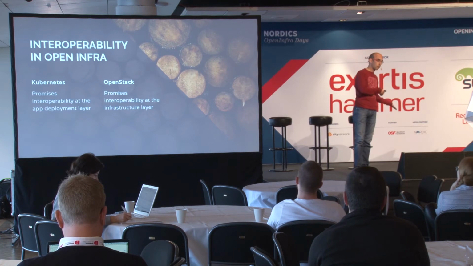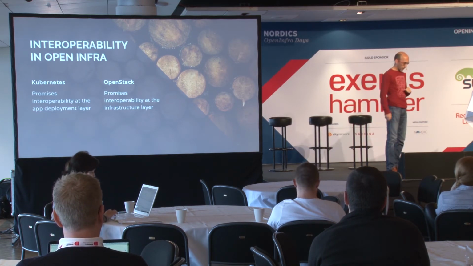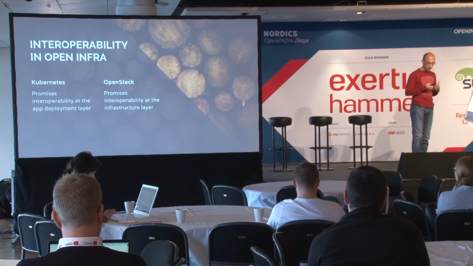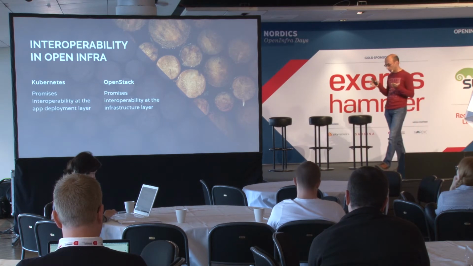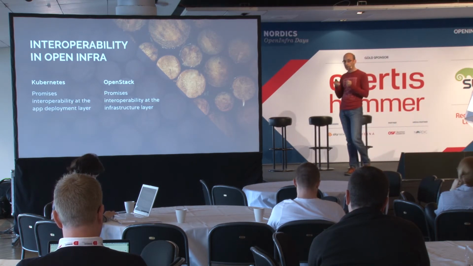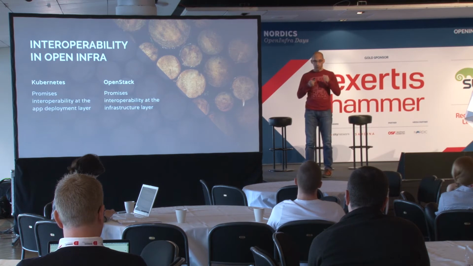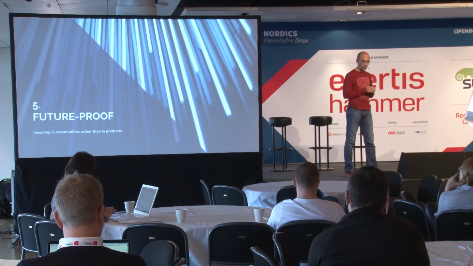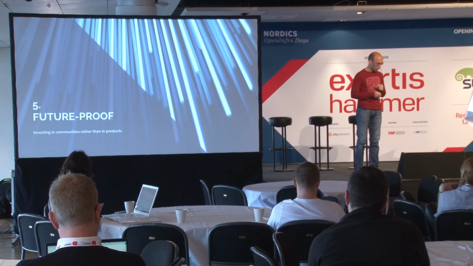And you have OpenStack public clouds and OpenStack private clouds that can be used with the same APIs and same code. So open infrastructure is pretty awesome. Like, it really makes sense for today. But the best thing is that it also makes sense for tomorrow, because open infrastructure is future-proof. So what do I mean by that?